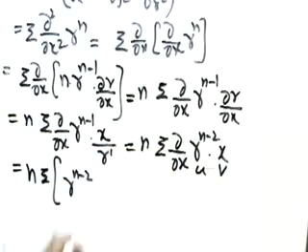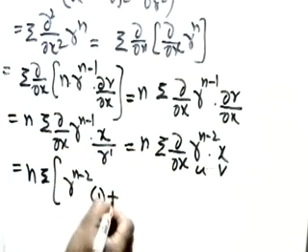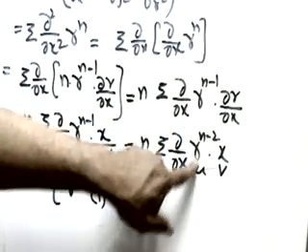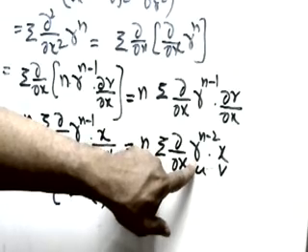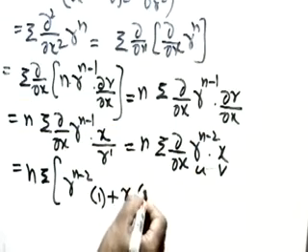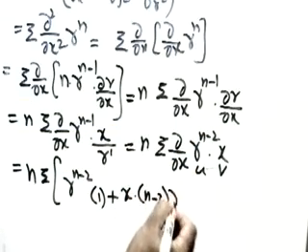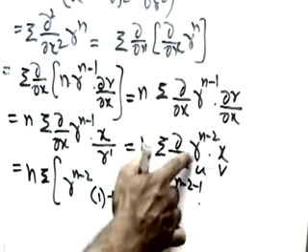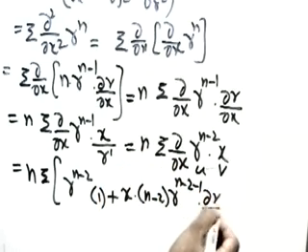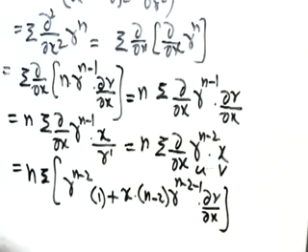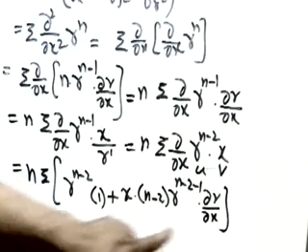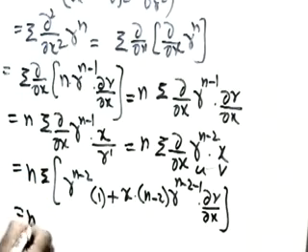D by dx of x is 1, where v means x. D by dx of u: again, first we differentiate using the formula x power n, d by dx of x power n is n into x power n minus 1. But we have to differentiate with respect to x, so we write dou r by dou x. Now let me write x by r in place of dou r by dou x.